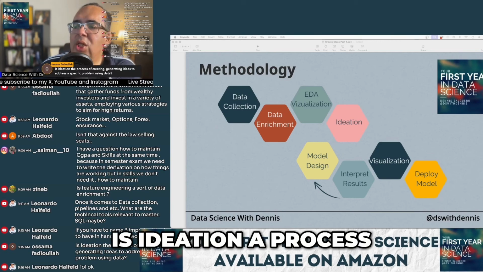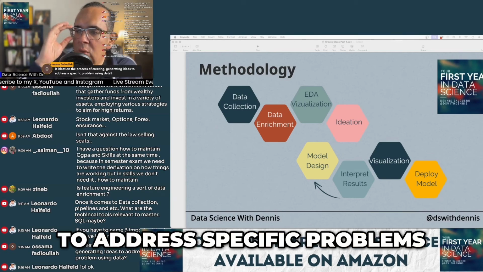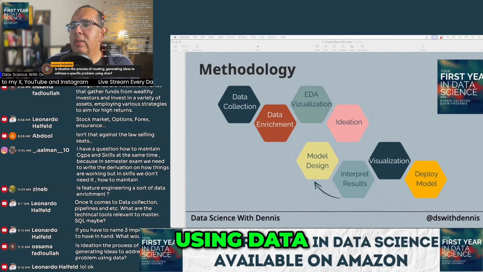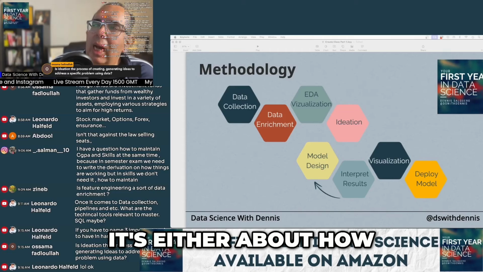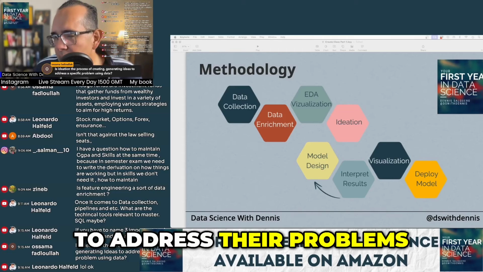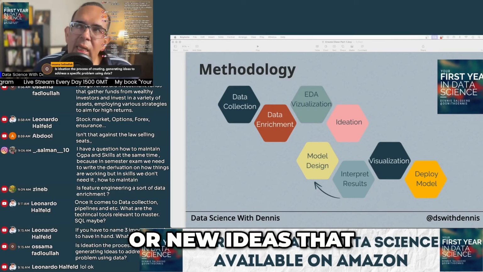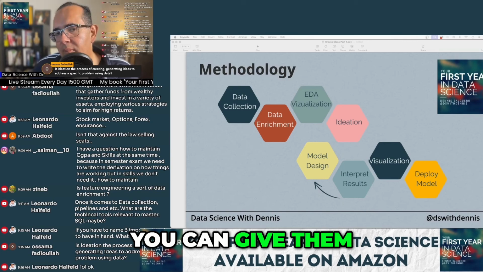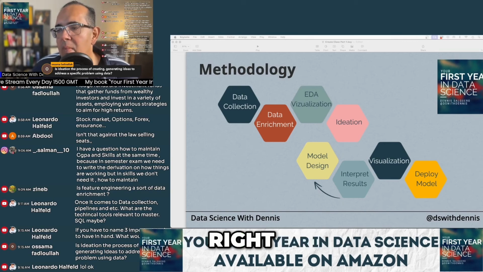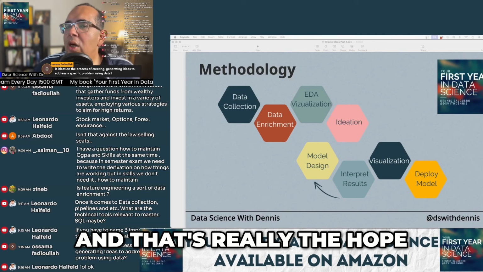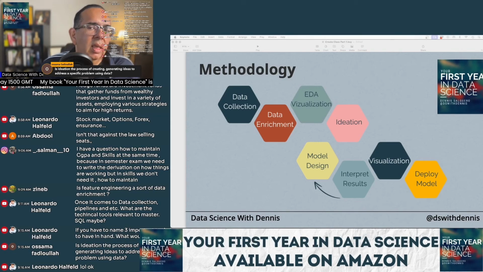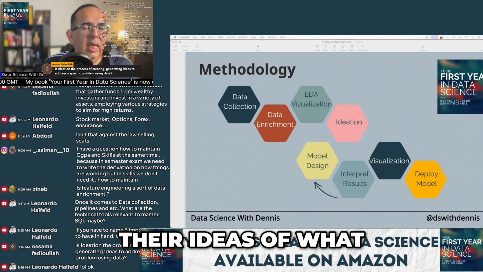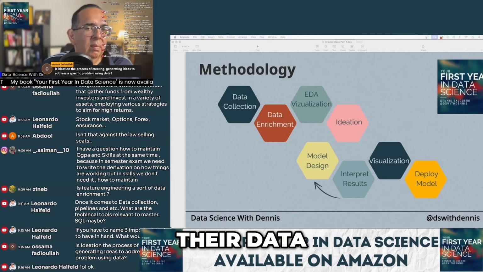Osama says, is ideation a process of creating, generating ideas to address specific problems using data? Yeah, Osama, sure. It's either about how to address their problems or new ideas that you can give them, right? And that's really the hope, right? Because yes, the client's always going to have their ideas of what they can do with their data. And that's good, right?